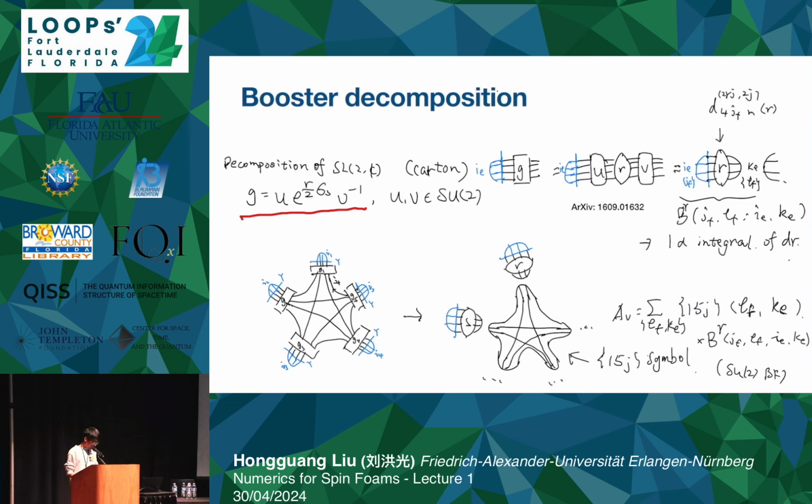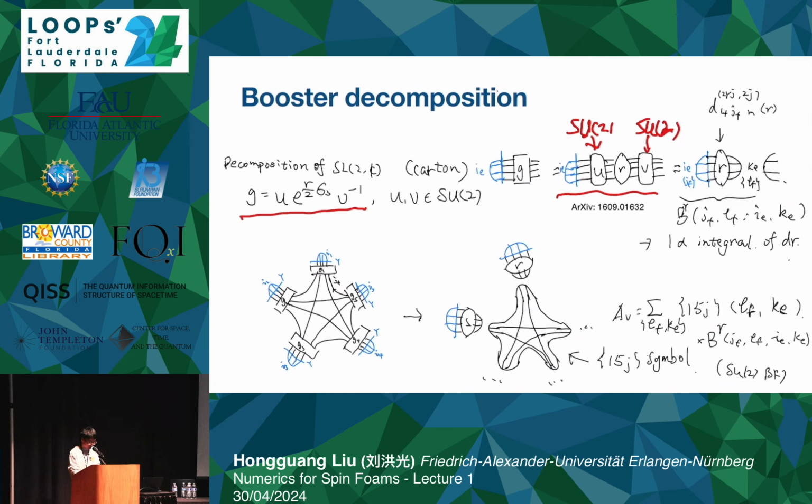With this, we decompose the representation of SL2C into a representation of SU2, multiplied by a representation of the boost, then multiplied by another SU2. Graphically, I write something like this: we have SU2, SU2, and we have the boost in between.